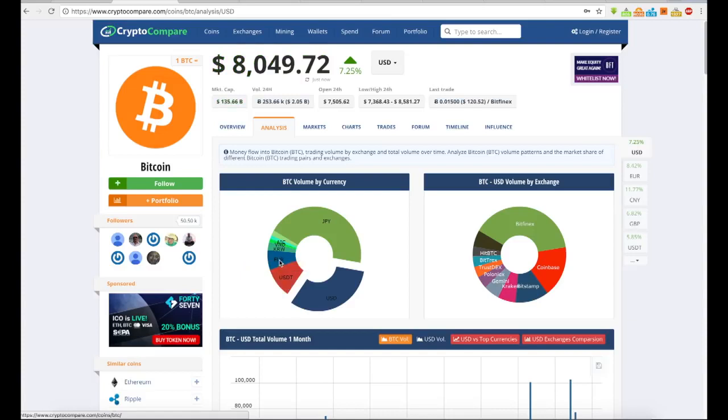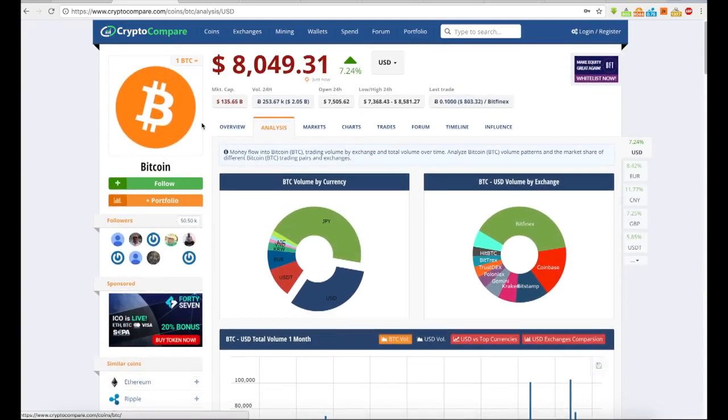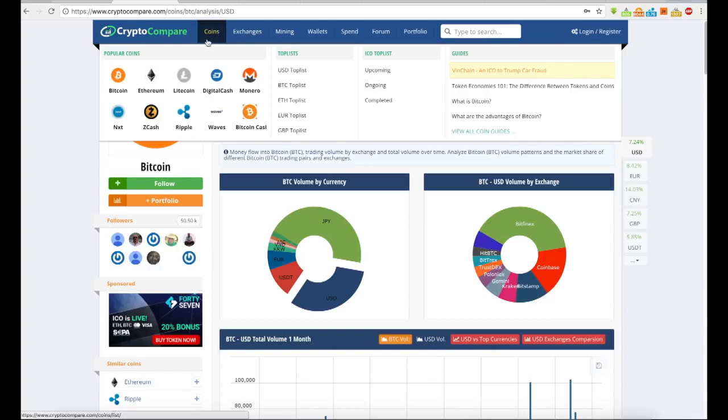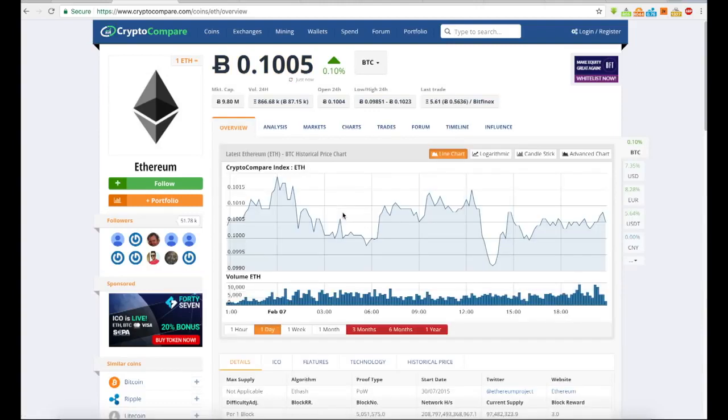Less than 10% is in euro, and a very small fraction is Korean won. So most of this Bitcoin volume is in Japanese yen. Isn't that interesting? So if you wanted to know for any coin, let's say Ethereum, let's take a look at Ethereum and see where the volume's at.